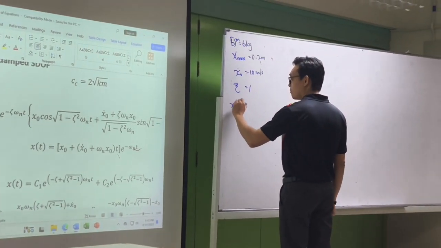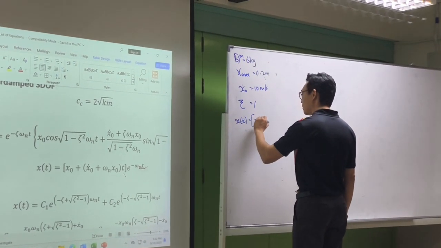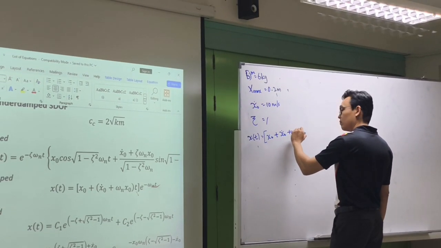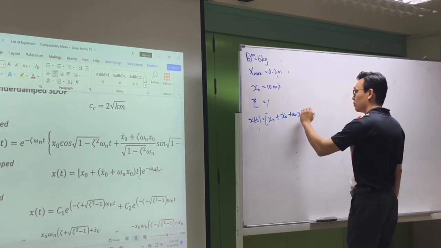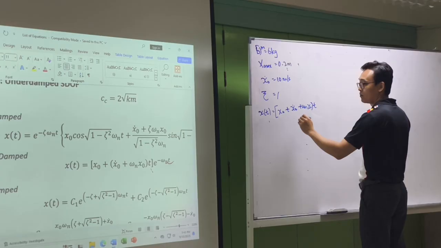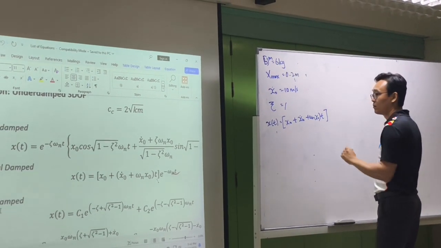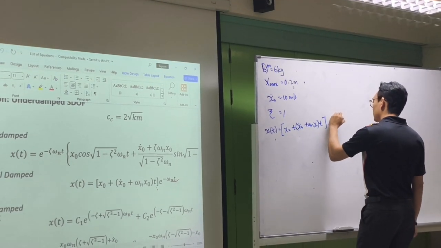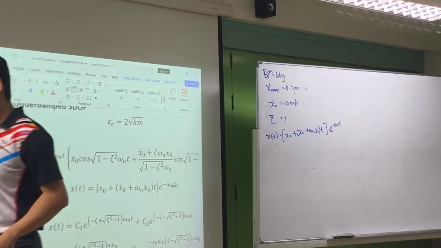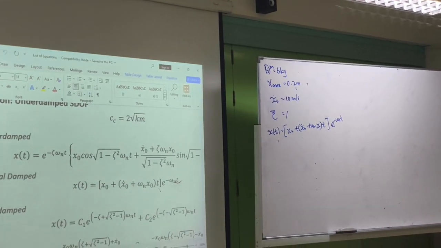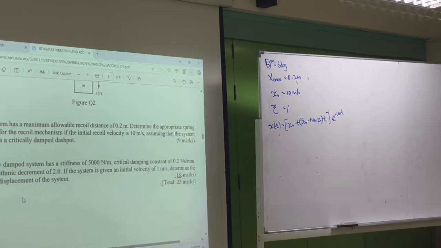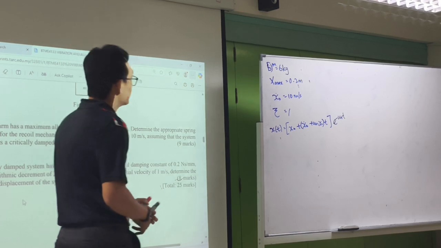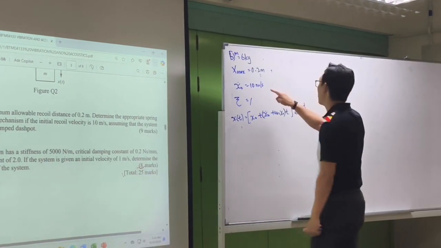The question wants you to find K. In other words, the maximum cannot be more than 0.2.